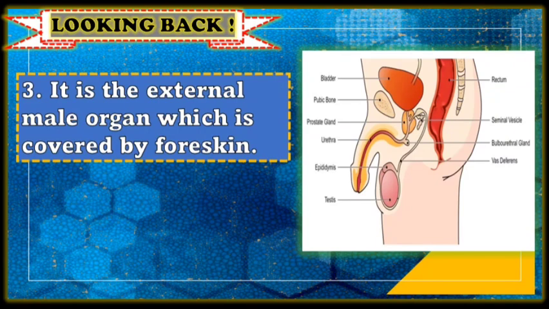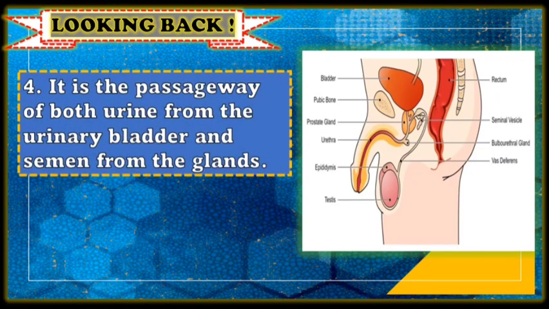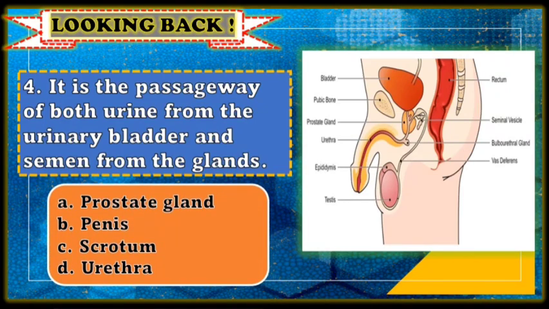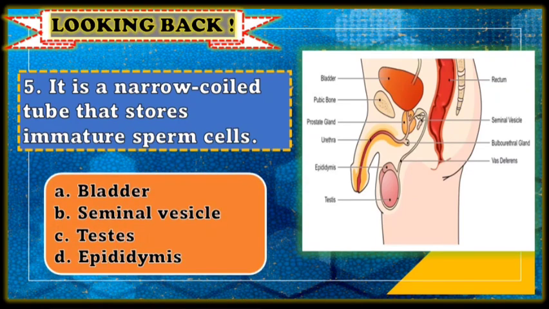It is the external male organ which is covered by foreskin. Next, number 4. It is the passageway of both urine from the urinary bladder and semen from the glands. Number 5, it is a narrow coiled tube that stores immature sperm cells.